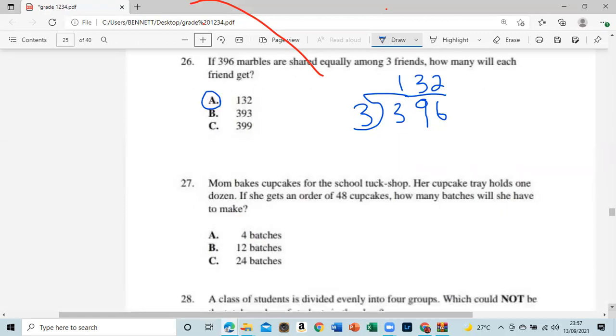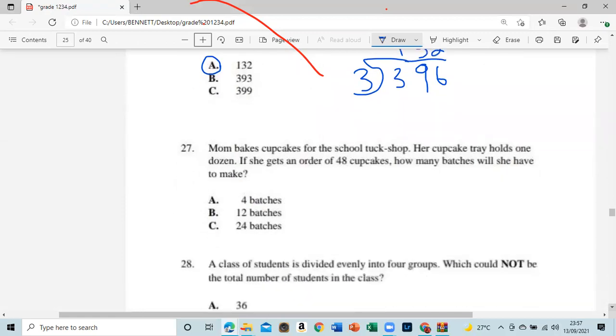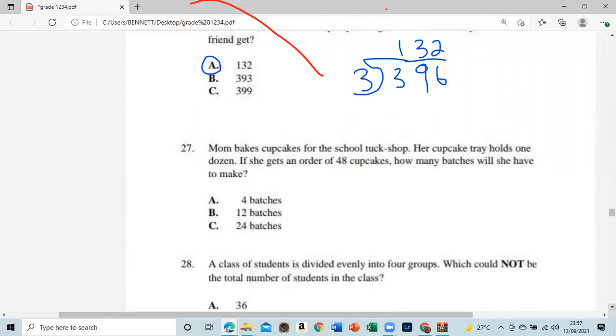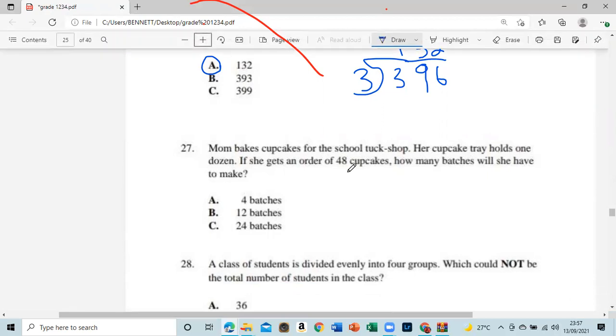Mom bakes cupcakes for the school tuck shop, where a cupcake tray holds 1 dozen. If she gets an order for 48 cupcakes, how many batches will she have to make? A dozen means 12, right? So this is saying how many sets of 12 give you a total of 48.